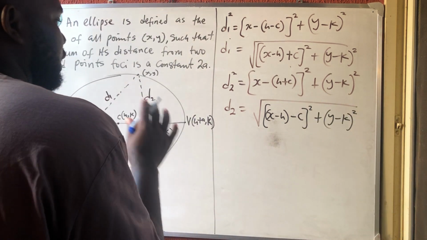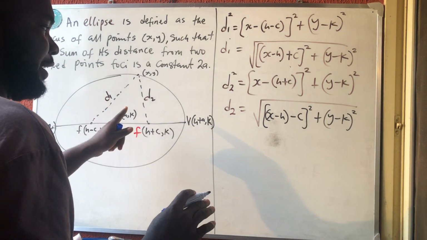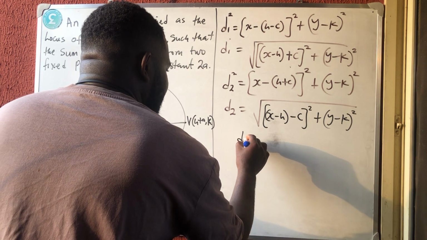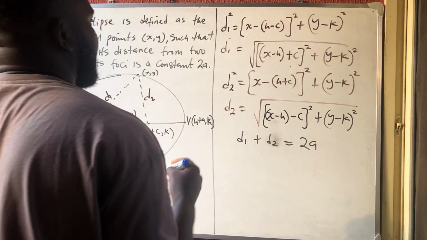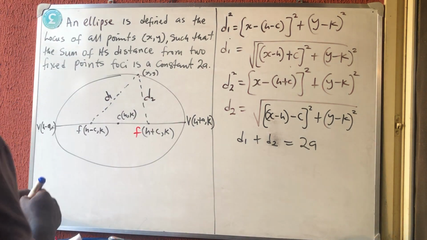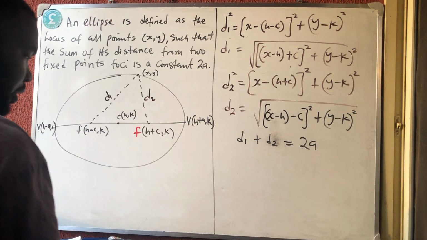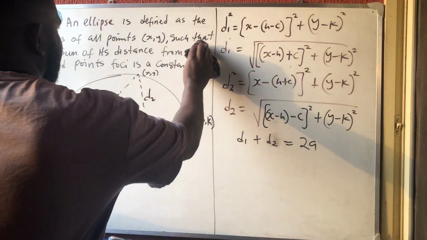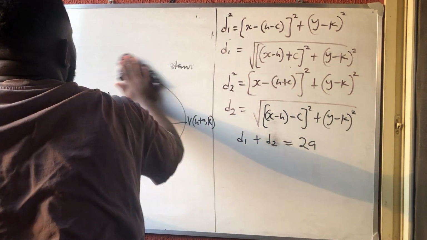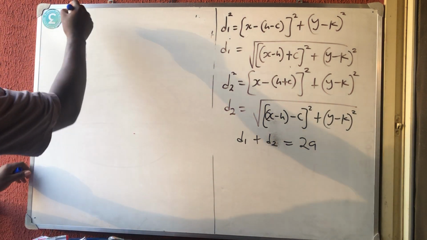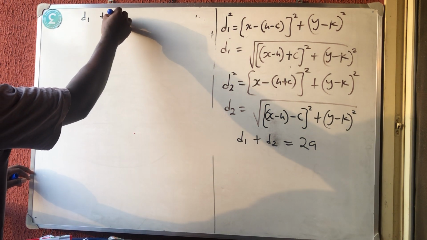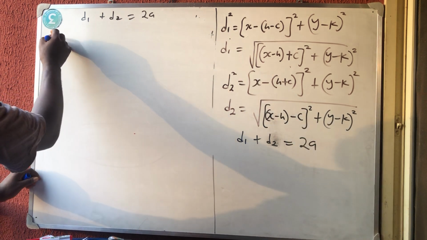Now, if we claim that this thing is an ellipse, it means that if I add d1 plus d2, I am going to get 2a. That is what the formula said. Okay, so from this place now, let me clean the board and then let's start the derivation. So I'm having that d1 plus d2 is equal to 2a. So what is my d1?